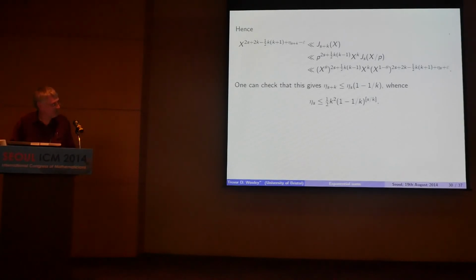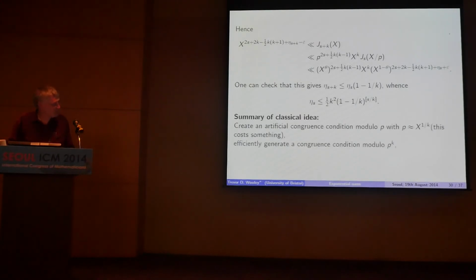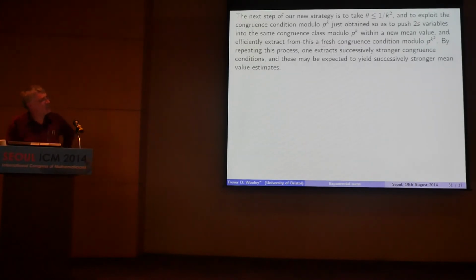Great. And so, just very rapidly, a hint of what goes on in the new method is that you try to apply this constraint, which we generated at some expense, constraint modulo p to the k, in a similar process to get a new constraint modulo p to the k squared.